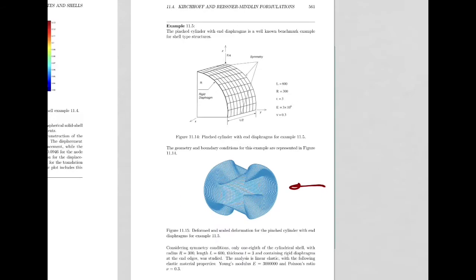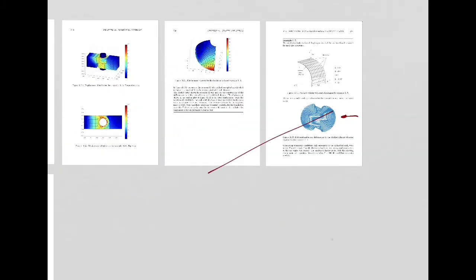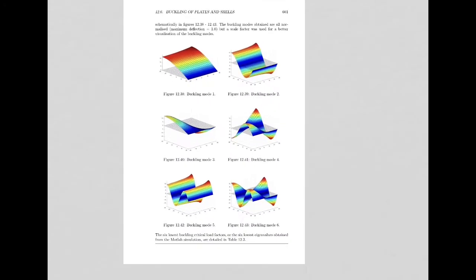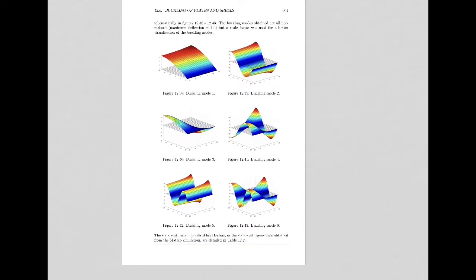Another thing you can do from the book is a buckling analysis, getting the buckling modes for a plate element, in this case with some symmetric boundary conditions. You can get different buckling modes and predict the structural behavior of these structural elements under compressive or in-plane shear loading.